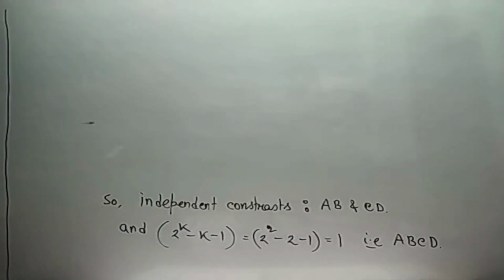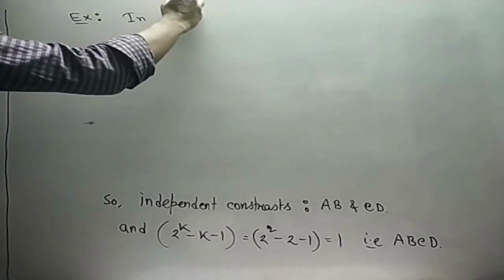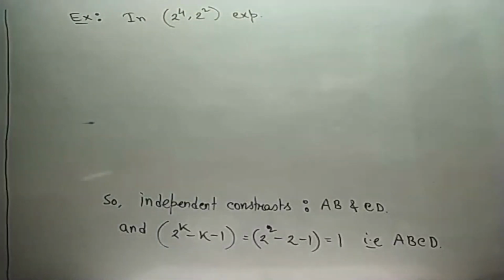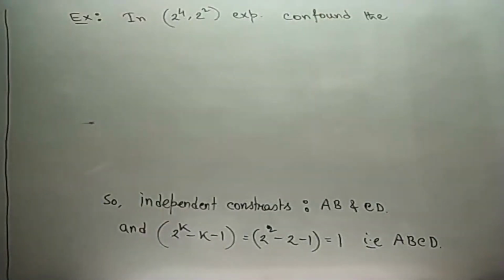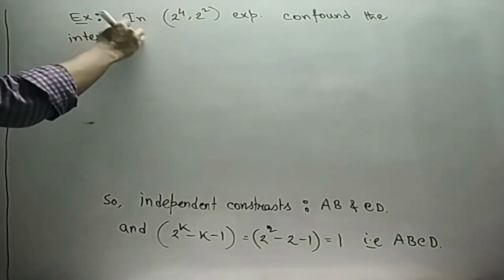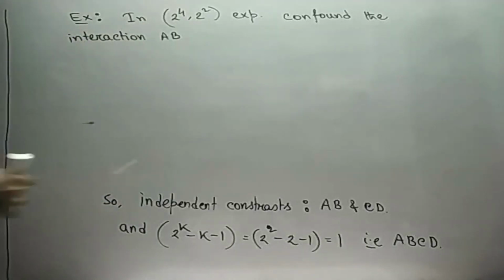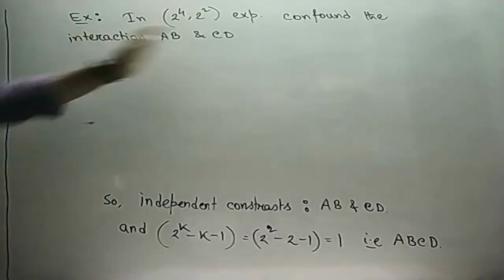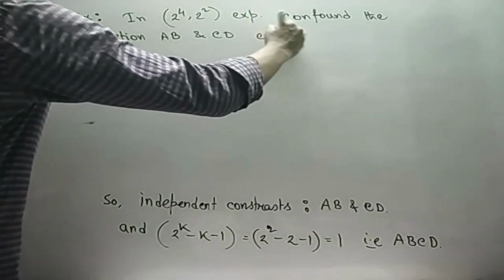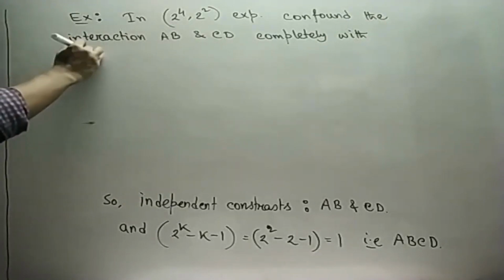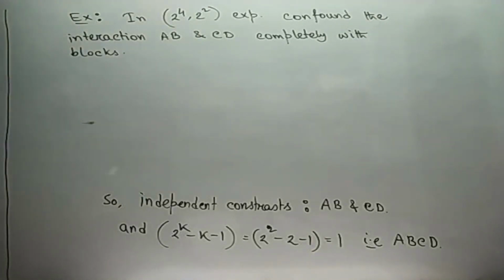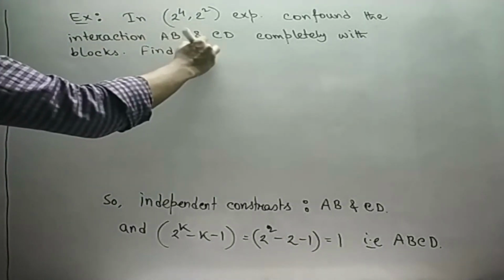Now let's have some examples. So first example: in a 2 to the power 4 comma 2 square experiment, design to confound the interactions AB and CD completely with blocks, and find another confounded effect.